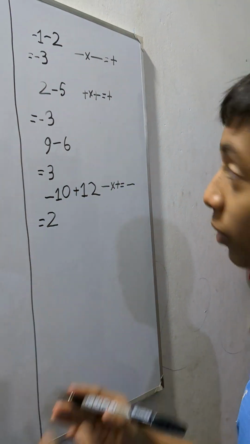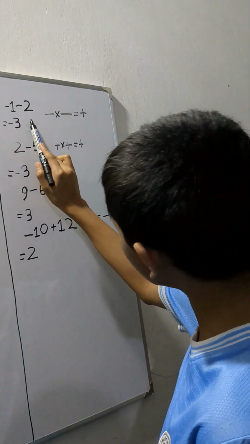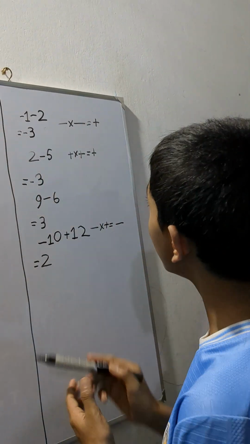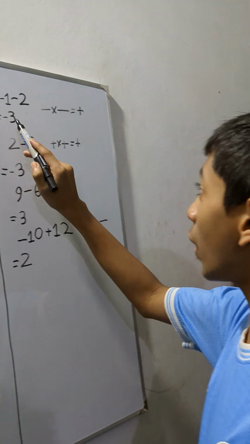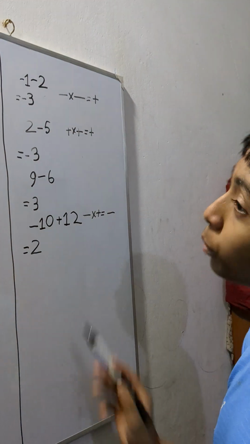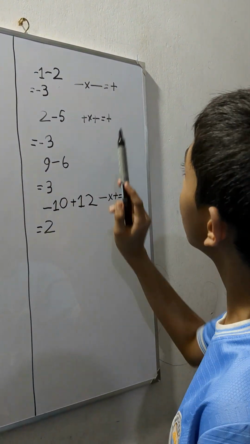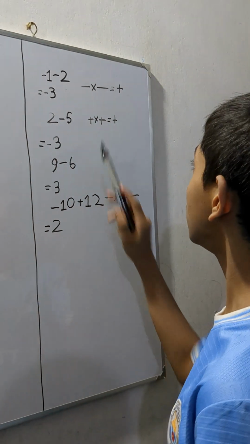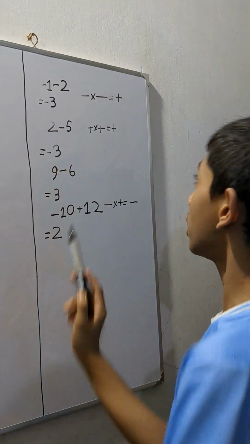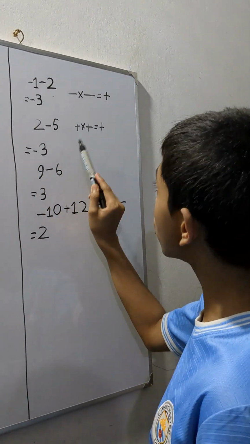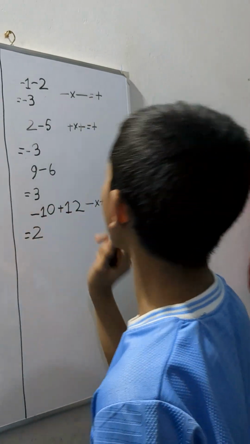I'm telling you from the first, okay? Here's 2, 2 is bigger than 1, and before 2 is a minus sign. So our result will be in minus, and if we multiply 2 minus signs, the result should be plus. So we will add this math. Here is a plus sign and here is a minus sign. And 5 is bigger than 2. 5 consists of a minus sign, so our result will be in minus.